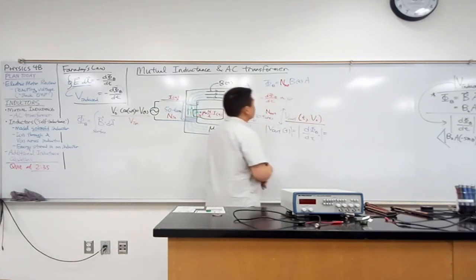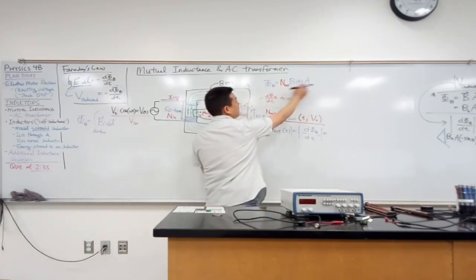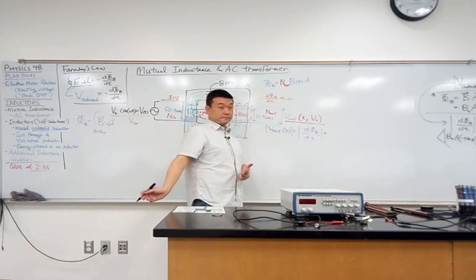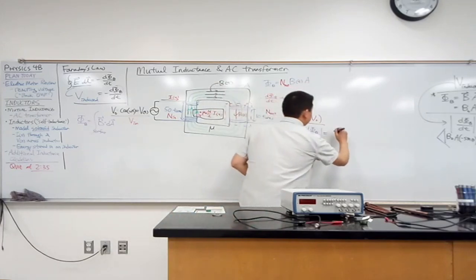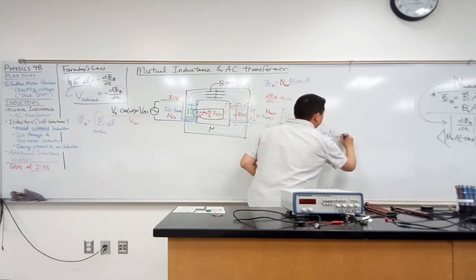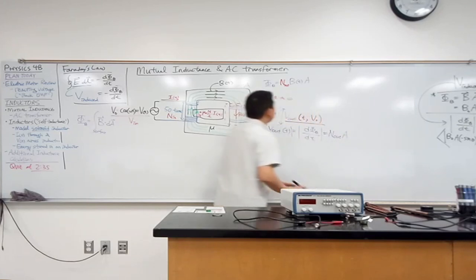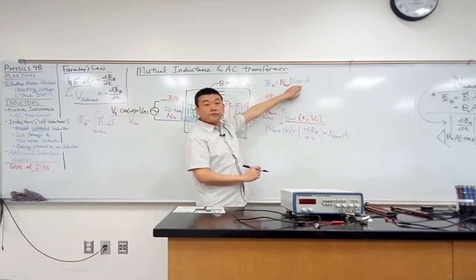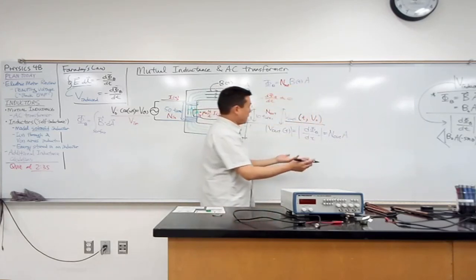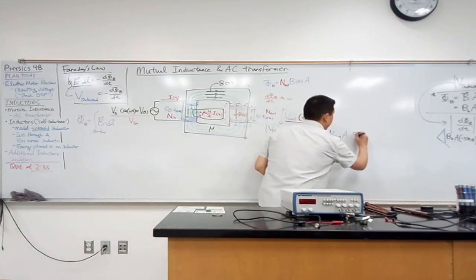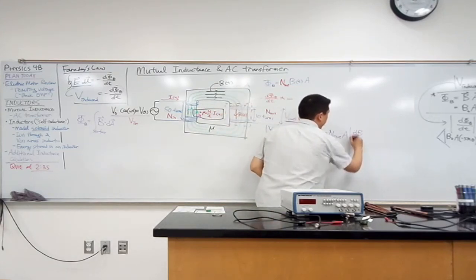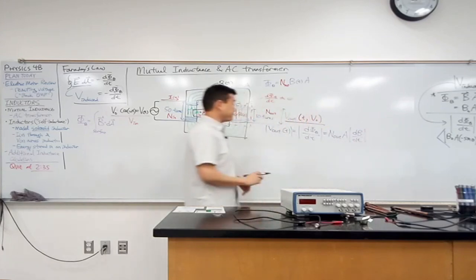So this is equal to N out, and A is a constant, so it gets pulled out. So it's N out times the area times the time derivative of the magnetic field. I don't know what the magnetic field looks like, so I have to stop there. So the rate of change of the magnetic field, absolute value.